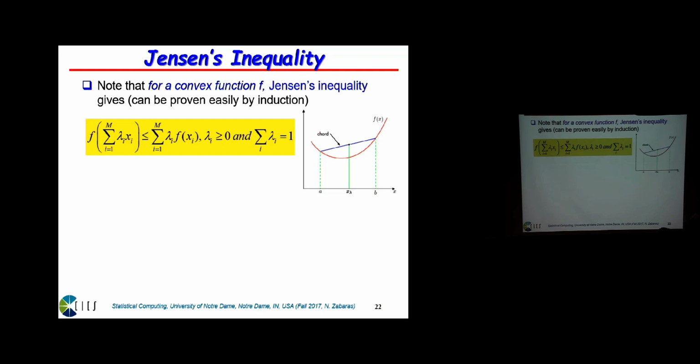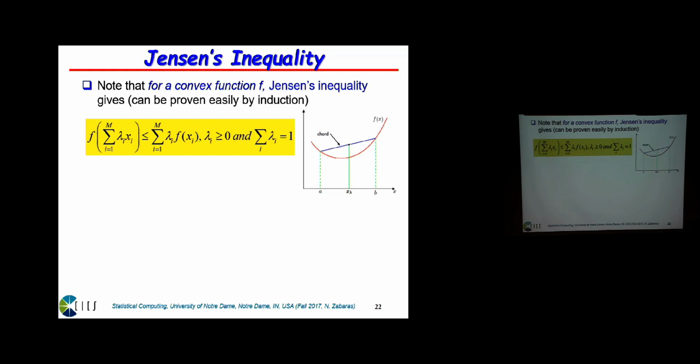What you have here is a convex function, okay? So basically, if you take this straight line between A and B, which are, so this is f of A and this is f of B. If you take any point in this straight line, the value of that point is bigger than the value of the function at this intermediate location between A and B. So this expression that you see here is effectively the definition of convexity for this function.